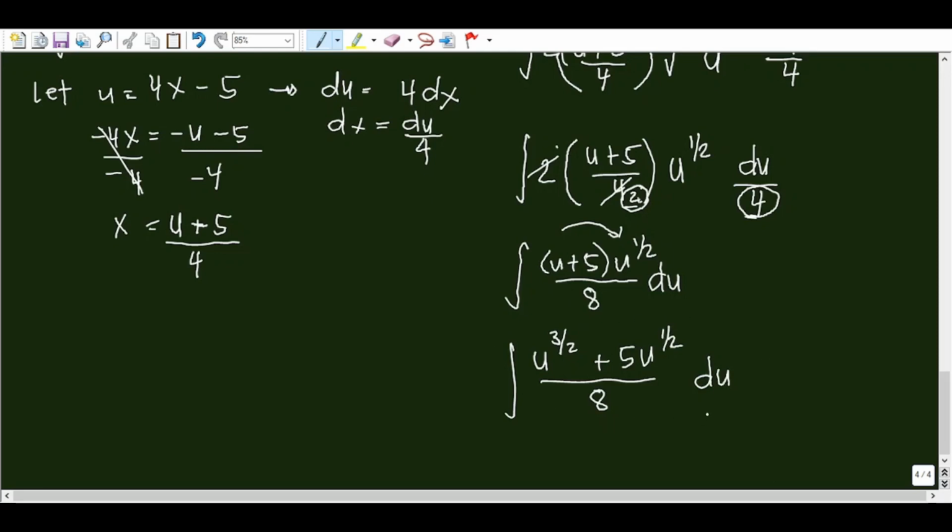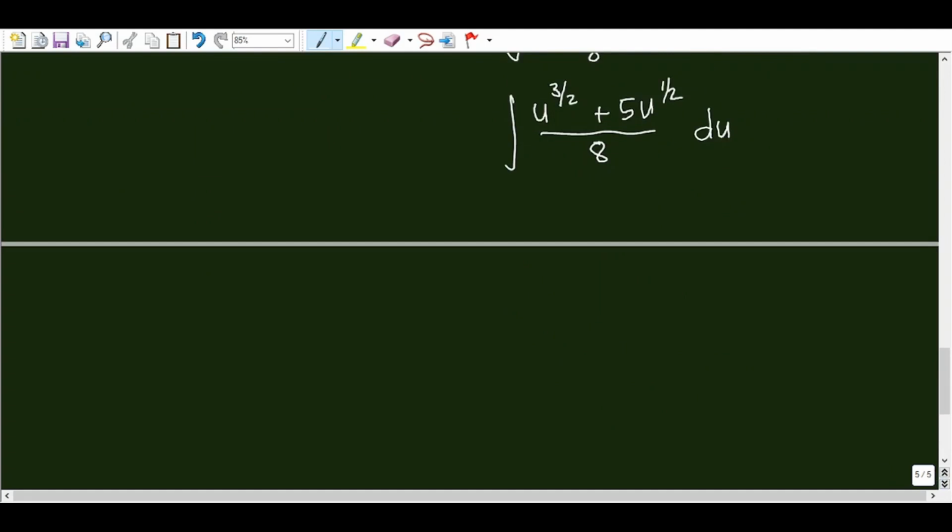Rule number 3 ulit ito, di ba? So, paghihiwalayin natin tong dalawang to para ma-solve natin yung differential. So, magiging the integral of, pareho sila ng denominator. So, u raised to 3/2 over 8 du plus integral of 5u raised to 1/2 over 8 du.